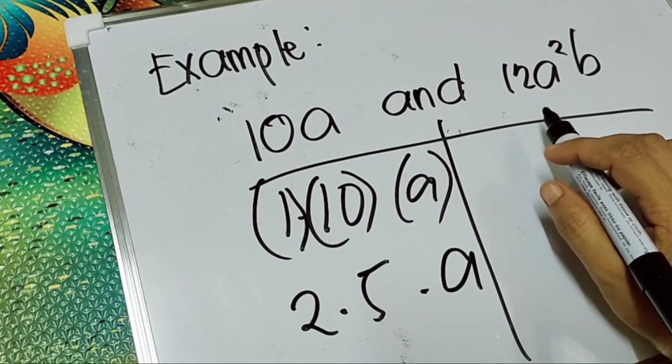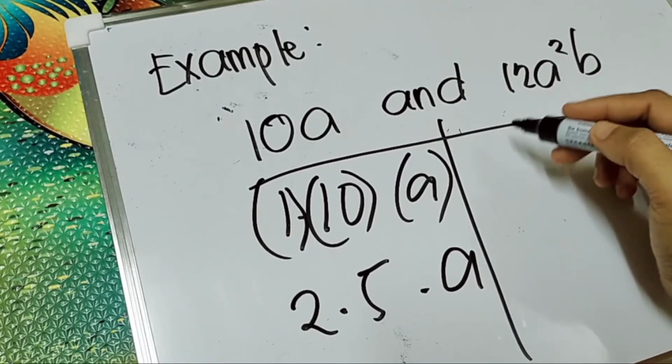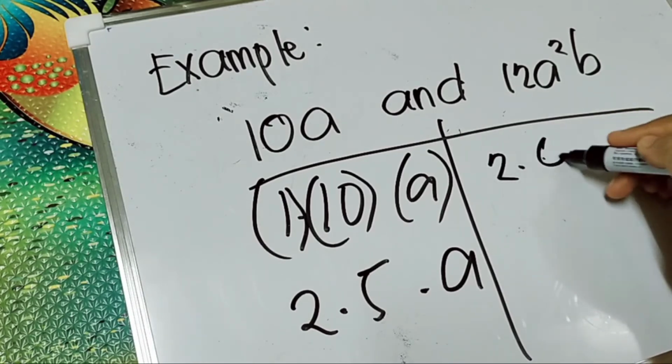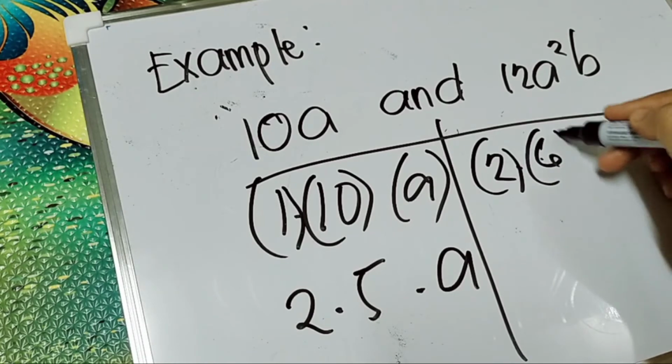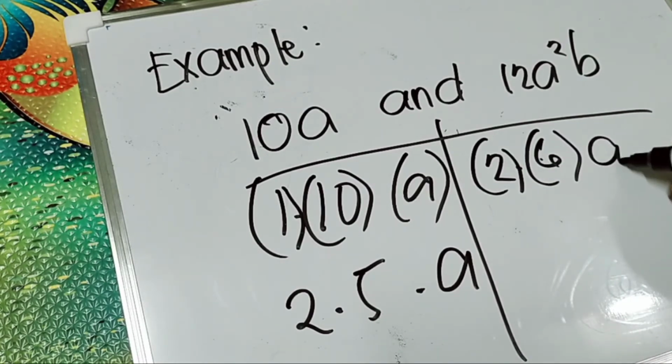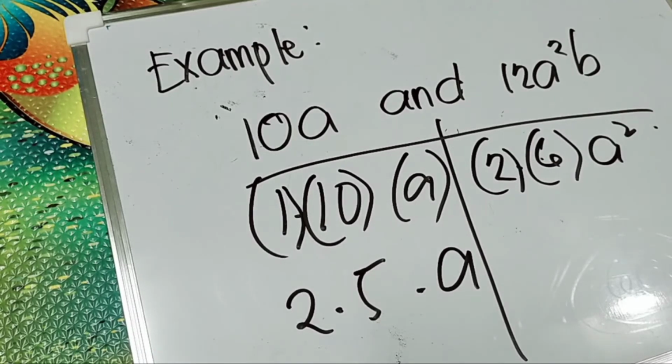Then let's proceed to 12a squared b. We have 2 times 6 times a squared times b, or we factor a squared as a times a, times b.